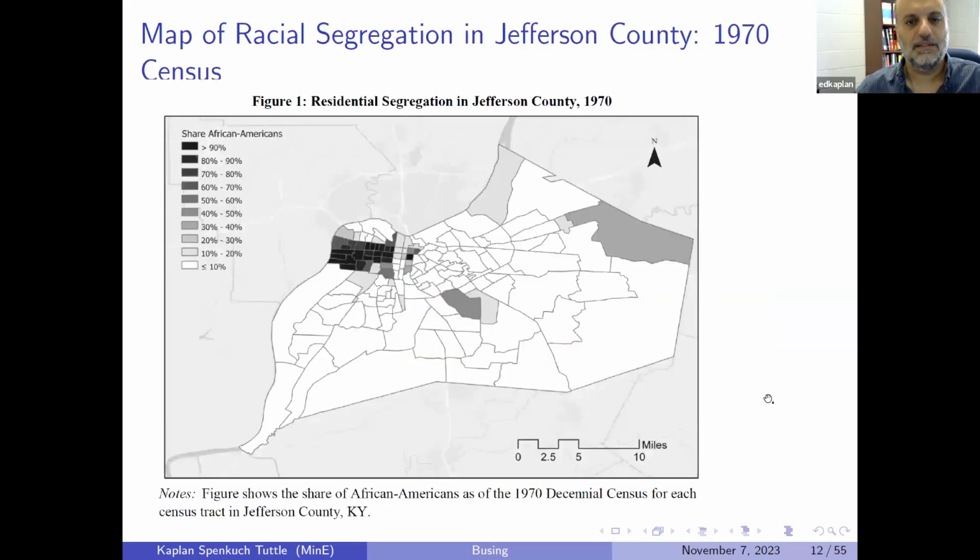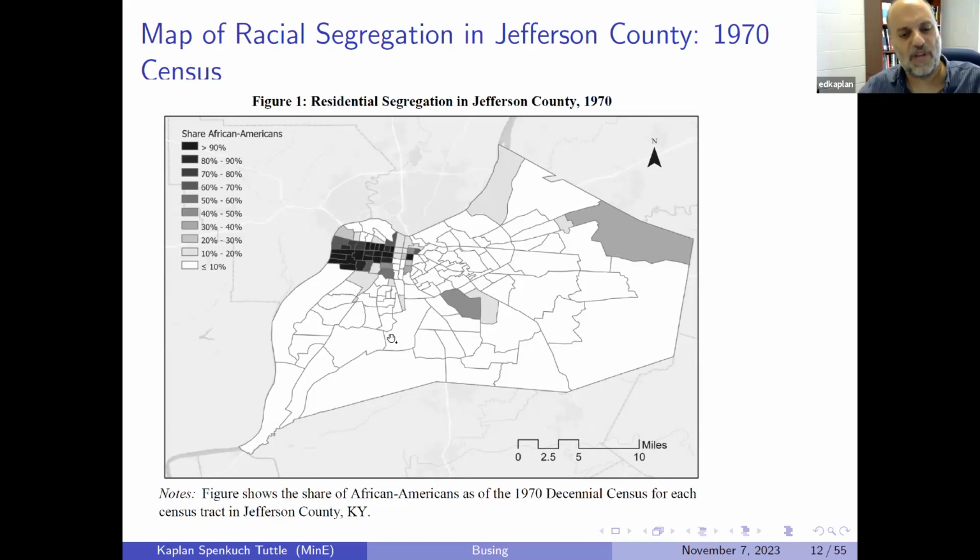Okay. So here is a map of different parts of Jefferson County. And what you see down here in this dense area is Louisville. This is the rest of the county, and everything's coded by fraction white. So you see in most of the county, it's more than 90% white, less than 10% black.